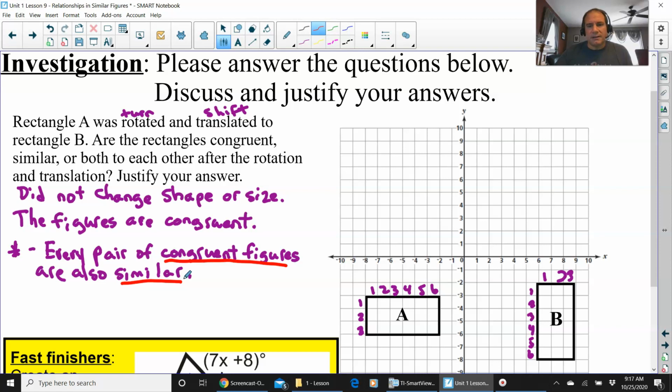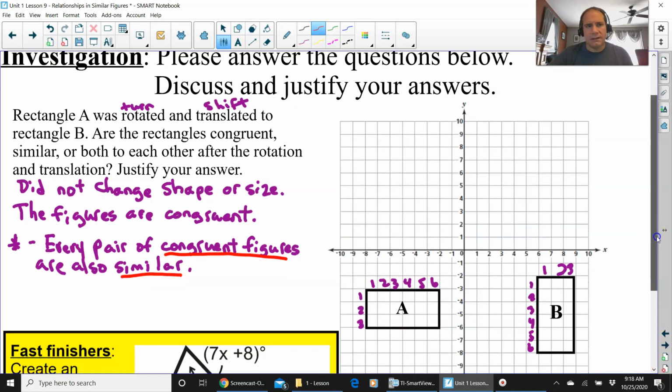Like this ratio, even though they're specifically congruent figures, would be 3/6 equals 3/6. And yes, they form equal ratios. It's exactly the same thing. So every congruent figure, all pairs of congruent figures are also similar, but not the other way around. And I just wanted to note that in this lesson.